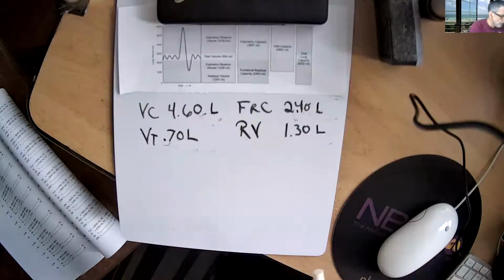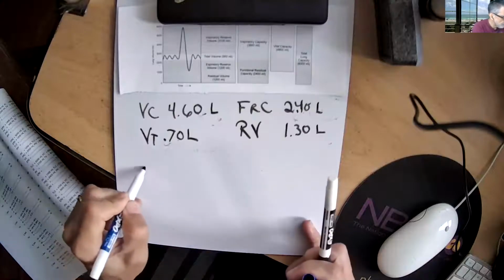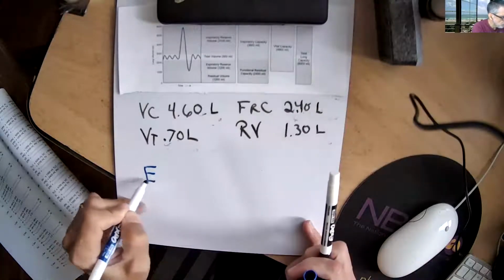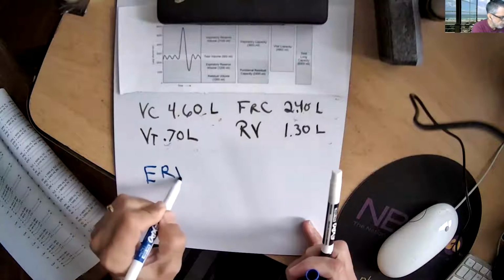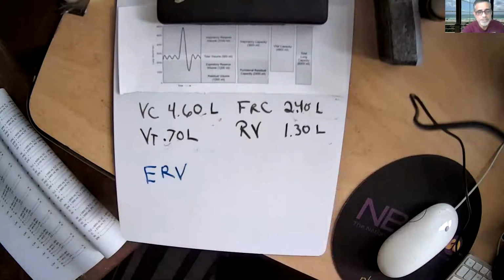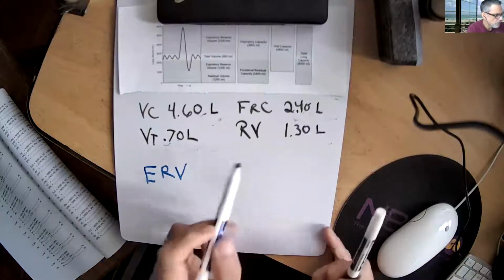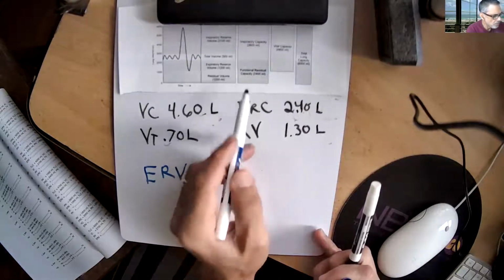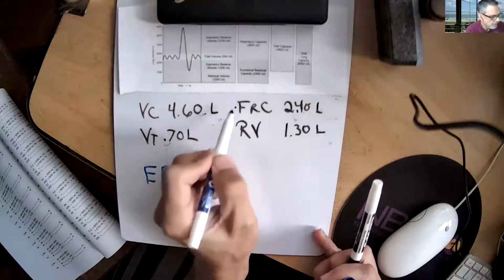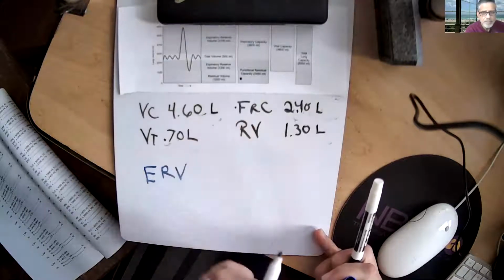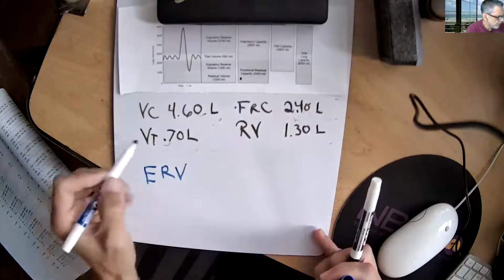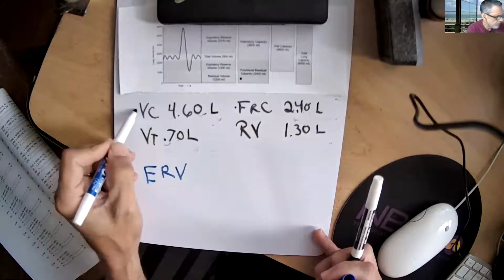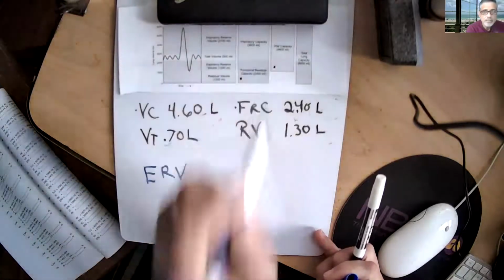So now let's assume that I want to find out ERV, expiratory reserve volume, based on these values. What I need to know is, where are these values? If I look at my capacities, I see functional residual capacity here. I see that my vital capacity is here.